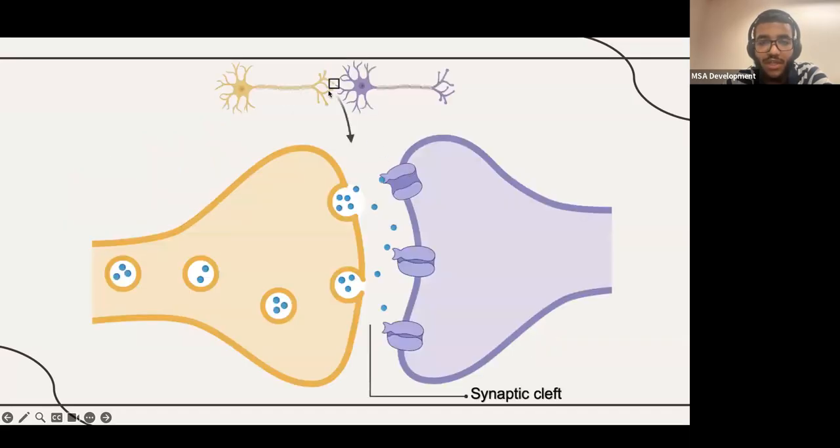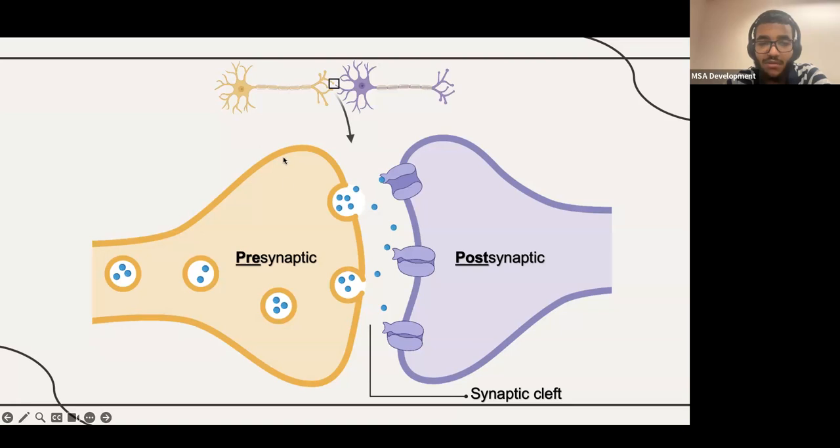Now let's zoom in into this area. After the axon terminal ends, it synapses with another neuron. This region we call the synapse, and it's composed of a synaptic cleft, which is basically the space between the presynaptic membrane and the postsynaptic neuron. In the presynaptic terminal, the message is relayed by vesicles.